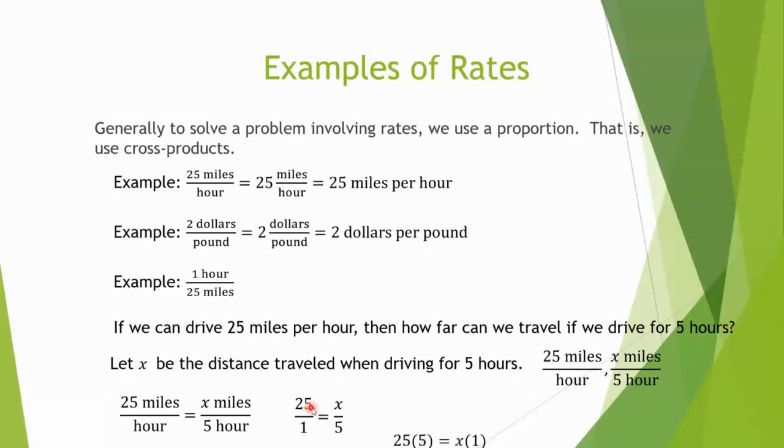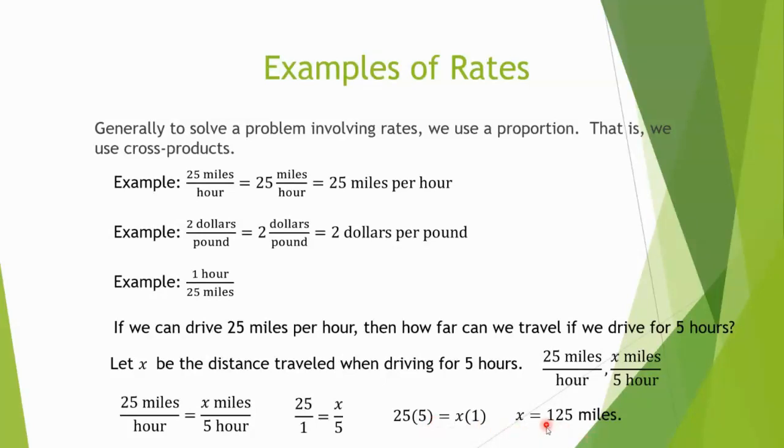Doing so, we get 25 times 5 is equal to x times 1. Of course, x times 1 is just x. 25 times 5, that's 125. So in other words, we get 125 equals x, which I just rewrote this way.